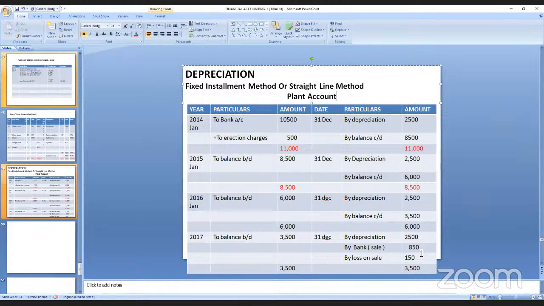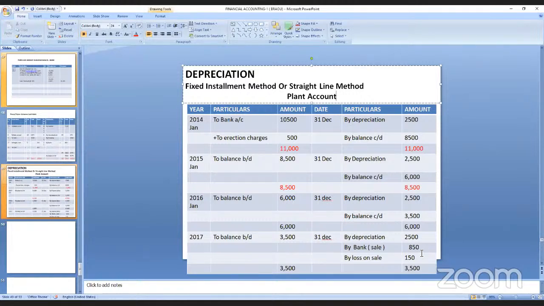In that, you have sold your machine for 850, which means a total of 10,850. First you see what is the cost of the machine.